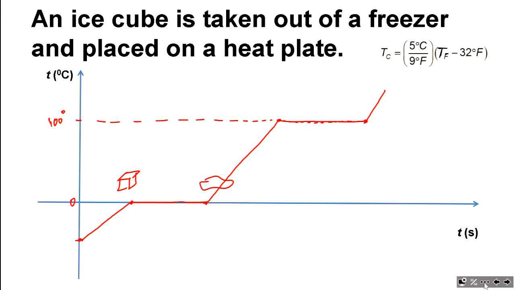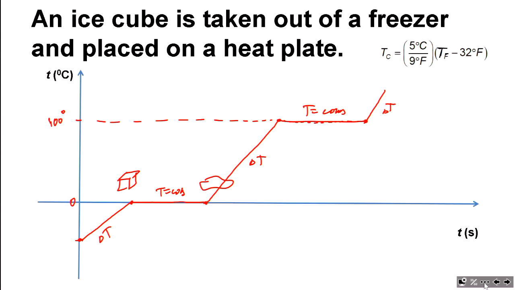So, temperature change, phase change, temperature change, phase change, temperature change. These are only two processes which might happen with any substance.